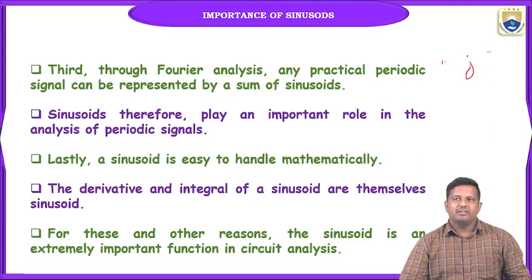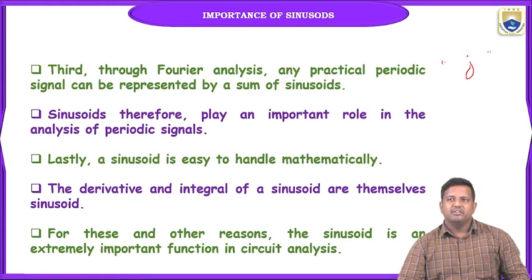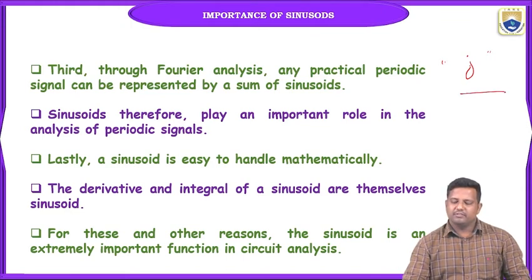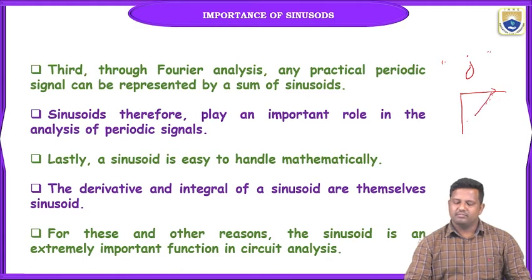The J operator is a complex number having magnitude 1 and rotating through 90 degrees. We will see that in later classes. With respect to the reference, the J operator should rotate up to 90 degrees, so it reaches here at 90 degrees.